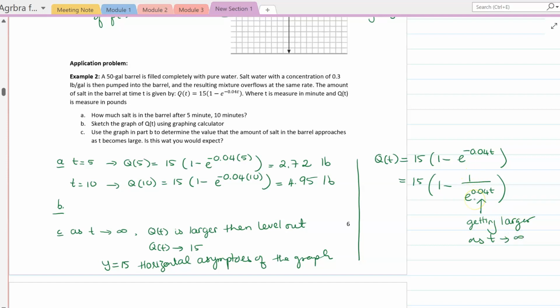So 1 divided by a big number is closer to 0. So 1 minus a number that's close to 0 doesn't really make much difference. So this whole thing is effectively about 1. Then 15 times 1 is 15.